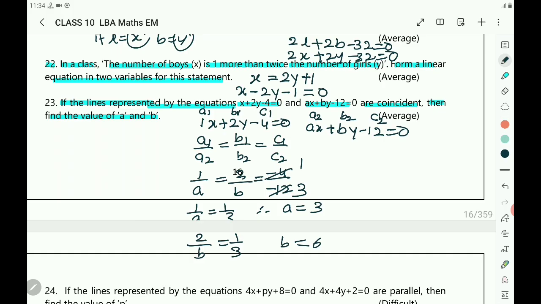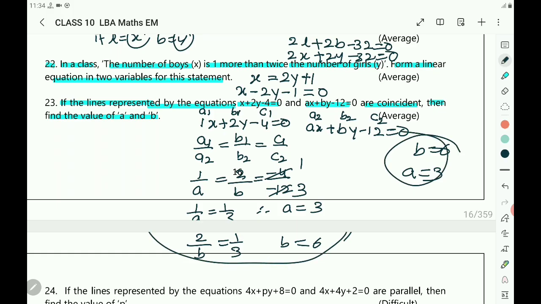Or otherwise you can directly get the values of a and b. 4 3s are 12 is there. 2 3s are 6, means b equals 6, and 1 3s are 3, that is a equals 3. That also you can write, but this is the actual method and this is the shortcut method.